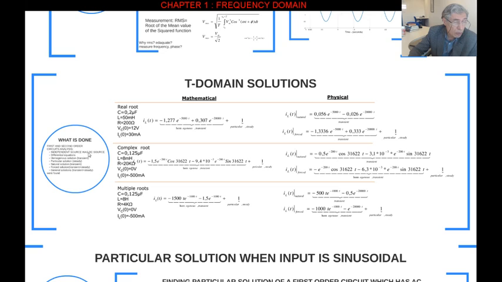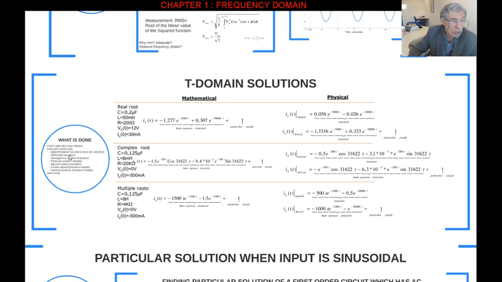The source was a DC source. In this course, we examined DC source driven circuits, first order and second order. In order to solve these circuits, we solve differential equations since they have L and C elements in them.